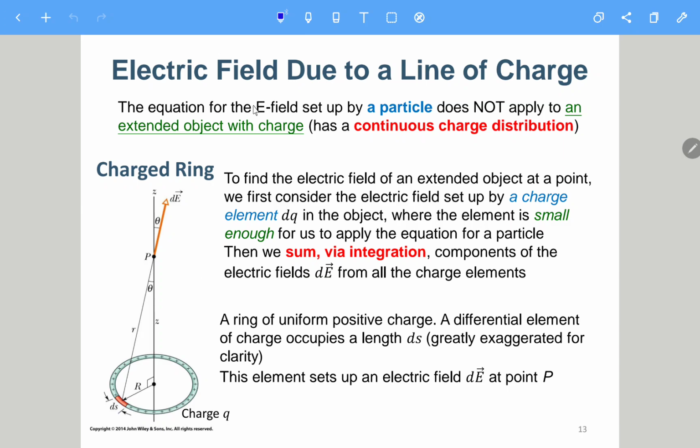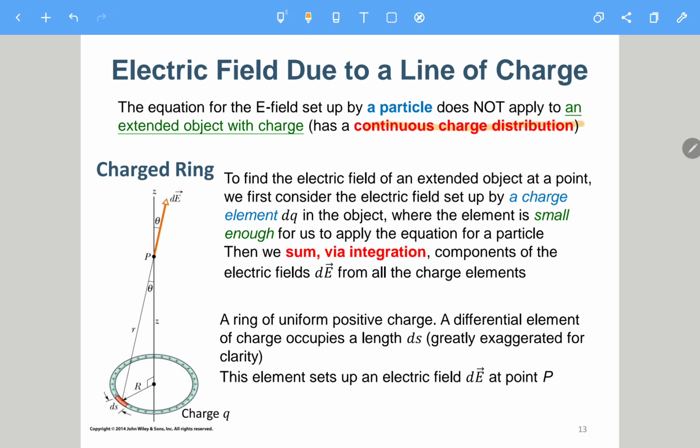Okay, so first of all, here we talk about the electric field due to a line of charge. Line of charge, in other words, is like a charge ring. It says the equation for the E field set up by a particle does not apply to an extended object with charge, which means it has a continuous charge distribution.